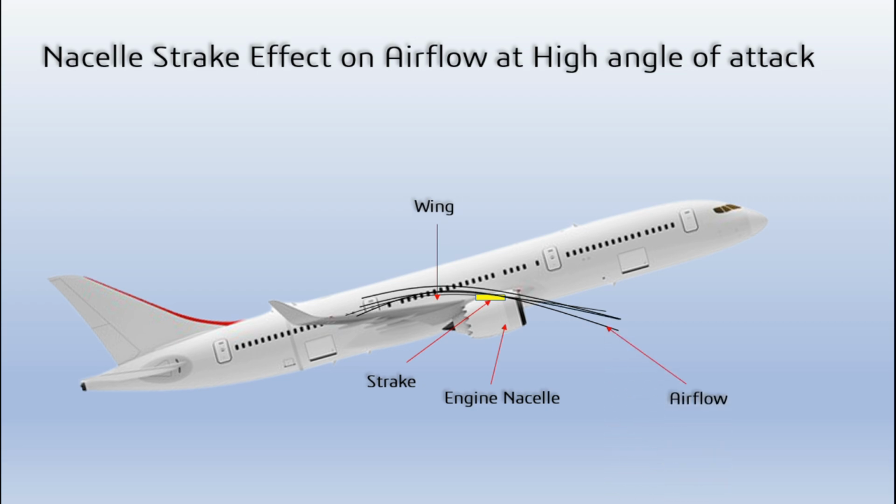This downward flow energizes the low energy airflow on the wing upper surface, which in turn delays the separation of airflow at the wing trailing edge. This delay in separation of airflow permits the wing to generate more lift. So basically, the strake improves the performance of the nacelle wing assembly at high angle of attack operations, such as at the time of takeoff and landing.